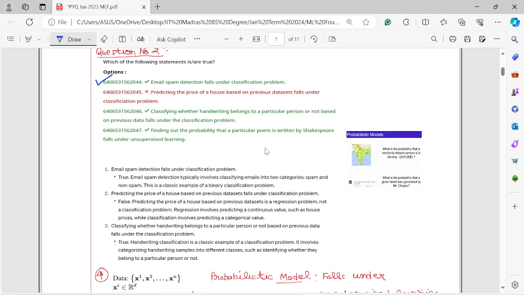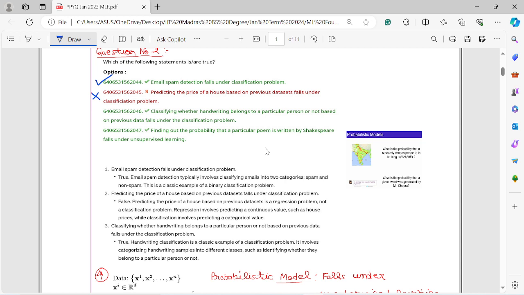So this is true. The second is predicting the price of a house based on previous data sets falls under classification problem. This is not correct, as you know that predicting the price of a house based on previous data sets is a regression problem, not a classification problem. Regression involves predicting a continuous value such as house prices, while classification involves predicting a categorical value.